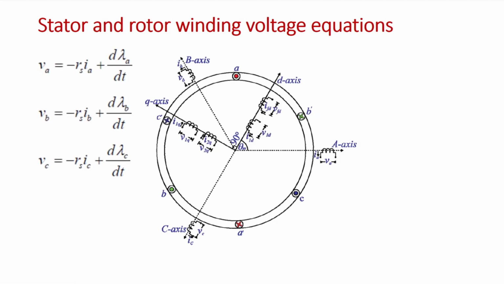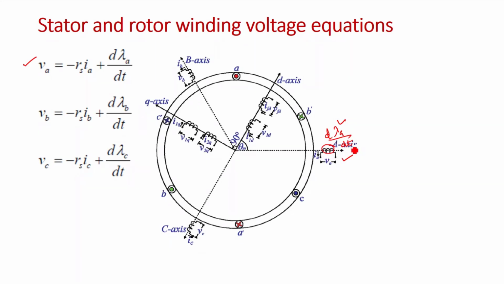So if we consider the stator equation, let us consider phase A. Okay. So for the phase A equation, if we write the electrical equation at the terminal, I can write VA equal to minus RS IA, because here the voltage induced is d lambda A by dt. But lambda A is nothing but the flux linkage in winding A. Okay.